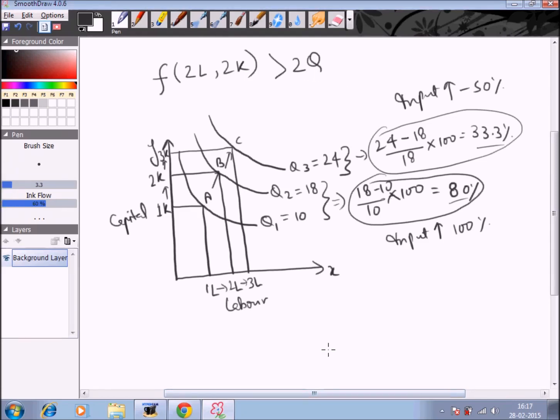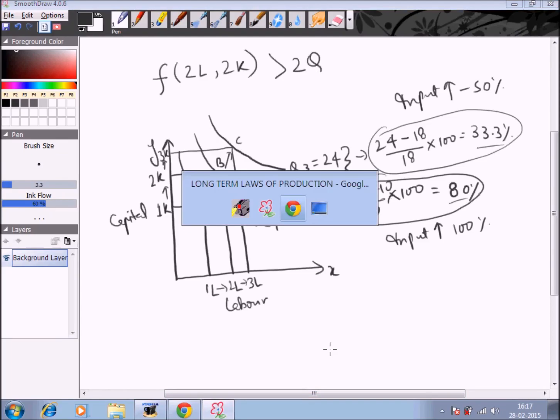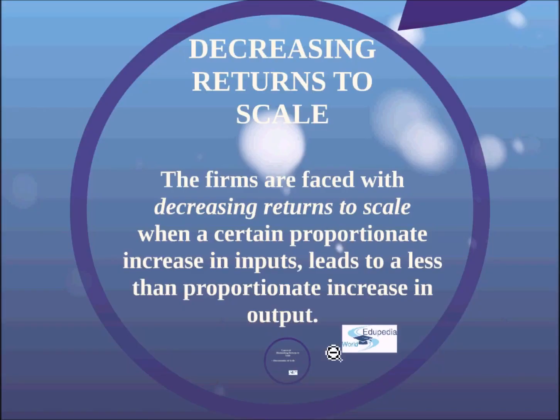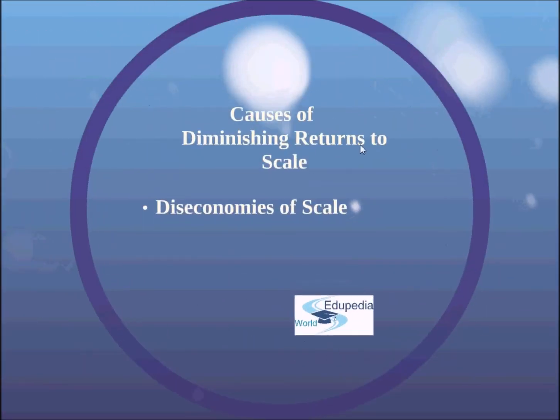Let's see what are the reasons behind such behavior. We attribute the reason behind diminishing returns to scale to diseconomies of scale. See, when we increase the scale of production, we see that the managerial efficiency does not increase in the same proportion.